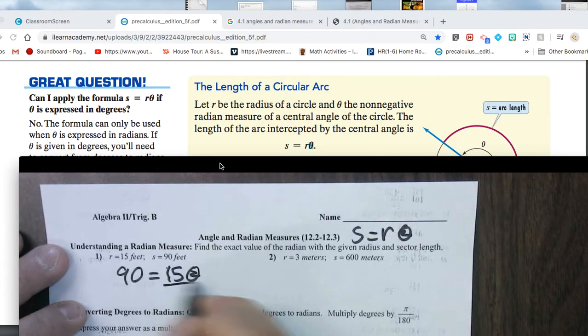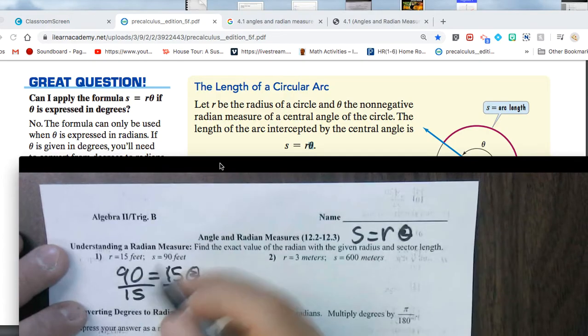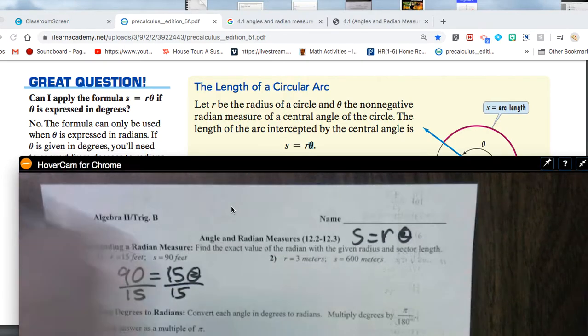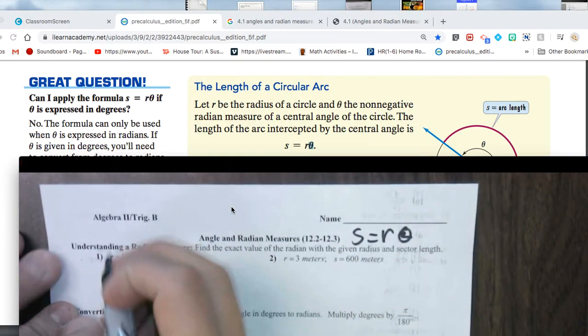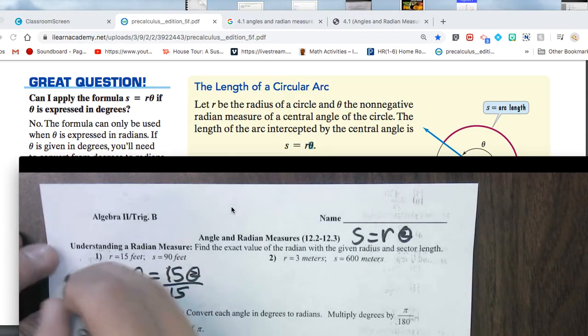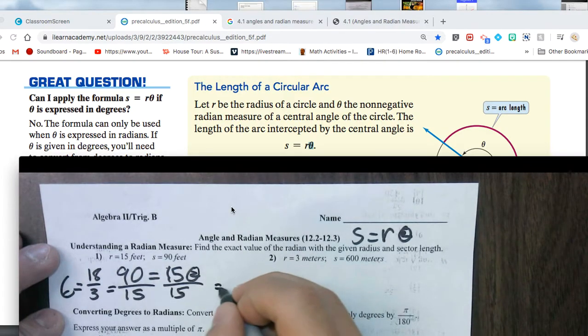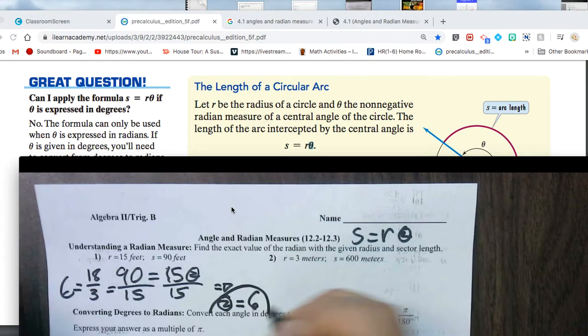If we divide both sides by 15, we can break this down further. These are both divisible by 5, so we could say that this is 18 over 3, which we can then break down to 6. So the radian measure equals 6 in this case.